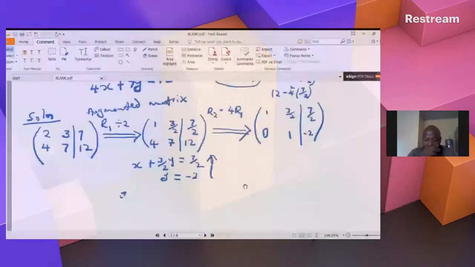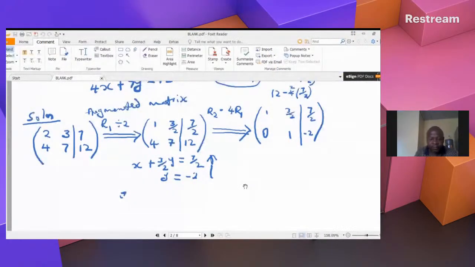And so in this example, we've already seen that the last equation says that y is negative 2. So we now proceed to the first equation, substitute the value of y, and get the value of x.